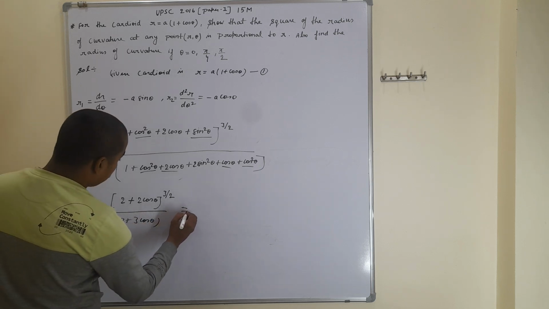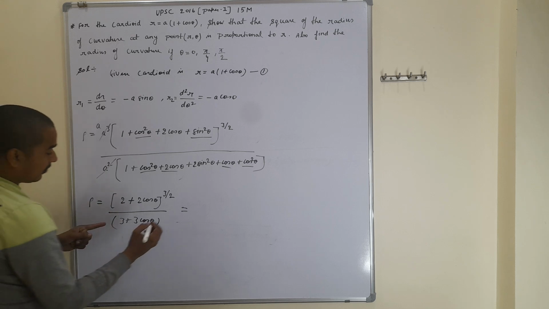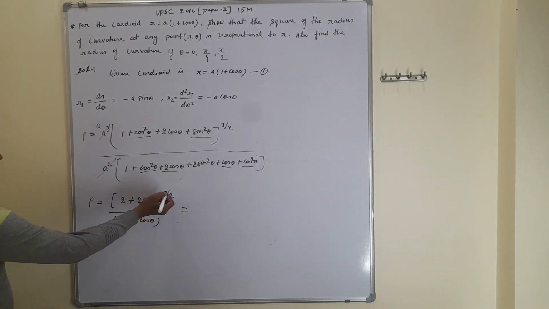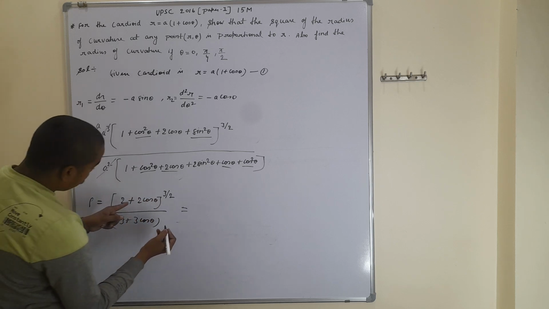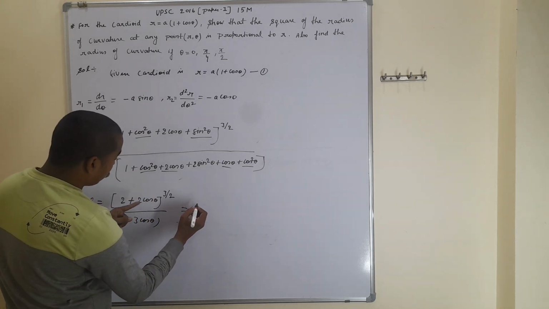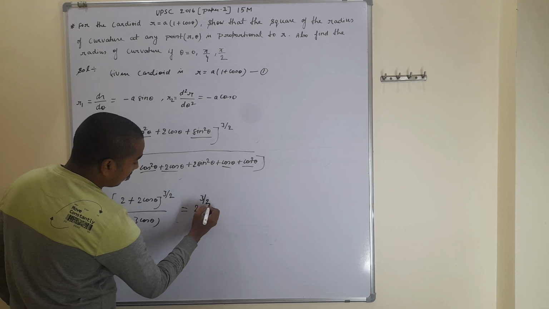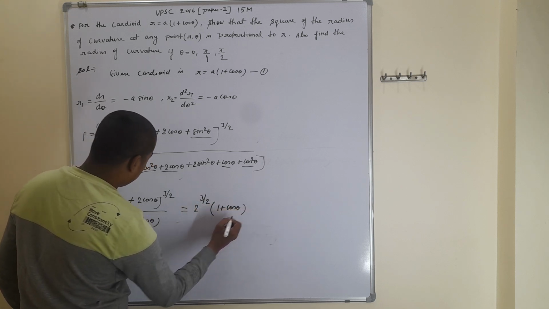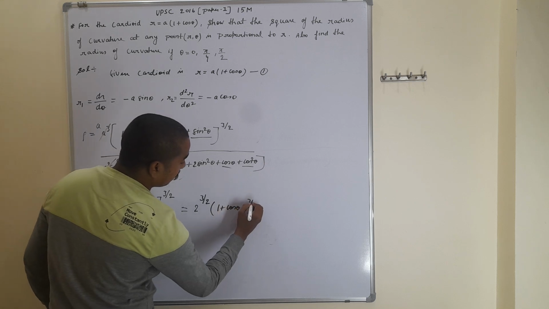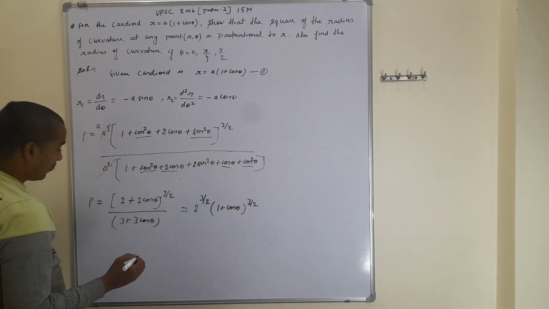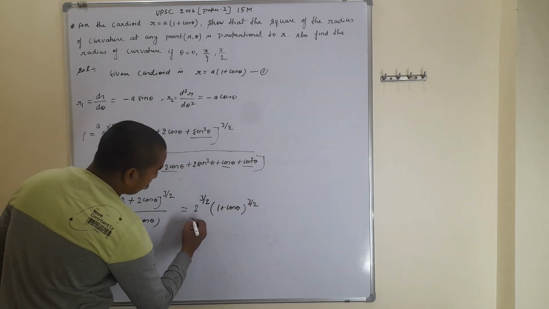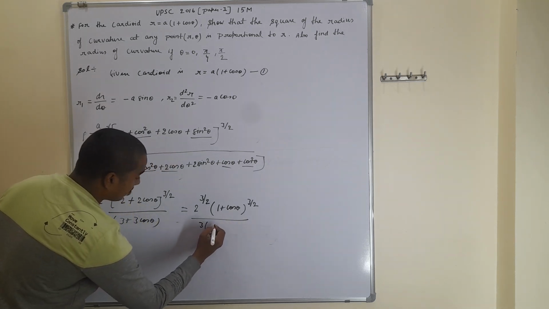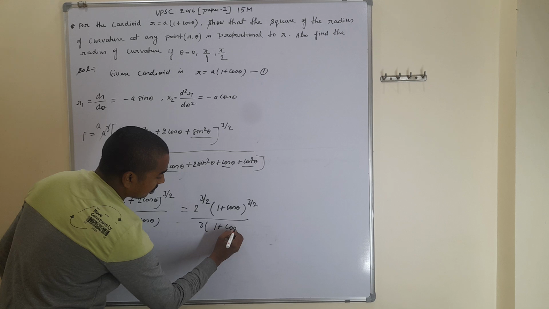Further, 2 common out from the bracket, 2 power 3 by 2 and (1 plus cos theta) power 3 by 2, upon, taking 3 common, that is (1 plus cos theta).